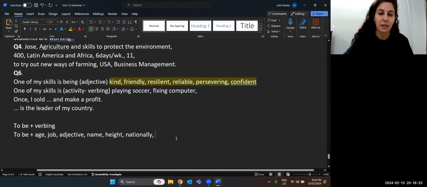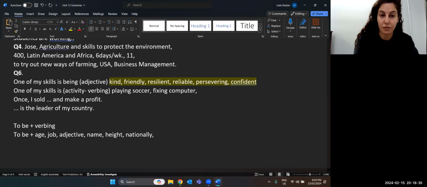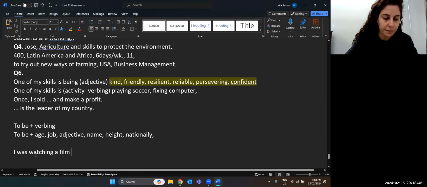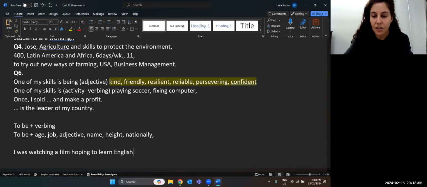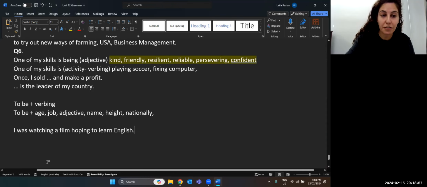Unless it's kind of in the middle of a sentence and not the main verb. So for example, I was watching a film. So if you have this sentence, I was watching a film hoping to learn English.